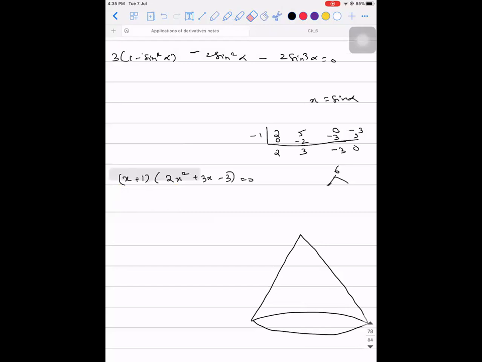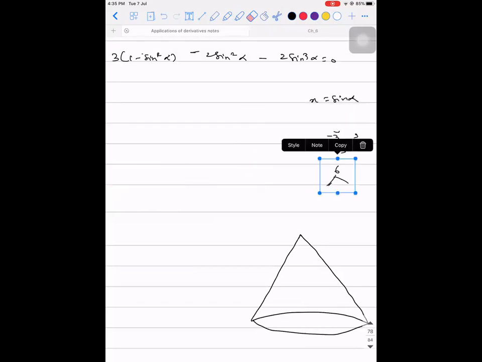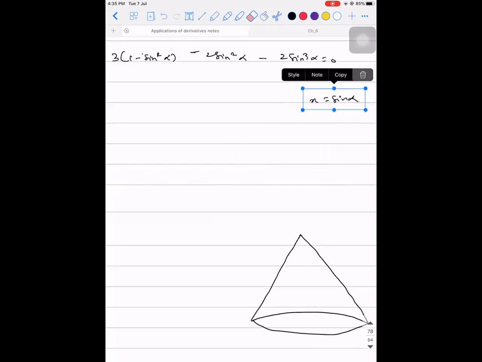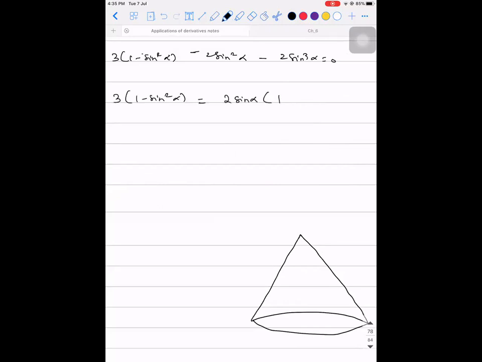Let's see. Did you get the answer in that way? You're still not getting, then there should be some calculation mistake. So 3 into 1 minus sine square alpha should be equal to 2 sine alpha into 1 plus sine alpha, right? So 3 into 1 minus sine alpha into 1 plus sine alpha is equal to 2 sine alpha into 1 plus sine alpha.